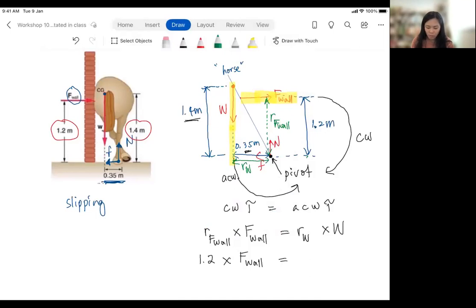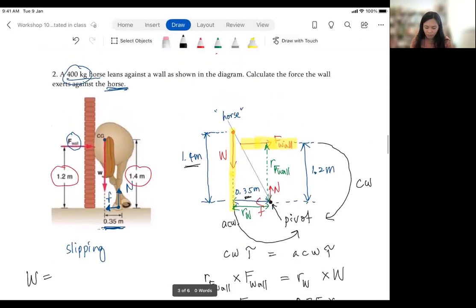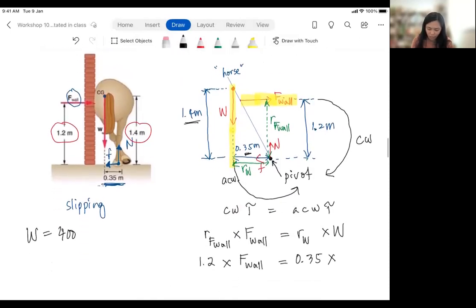It's the distance between the center of mass where weight force is acting and your chosen pivot point, right? So moment arm for the weight force will be 0.35 meters times the weight force. The weight force you can calculate from the mass, 400 kilograms times 9.8 meters per second squared.